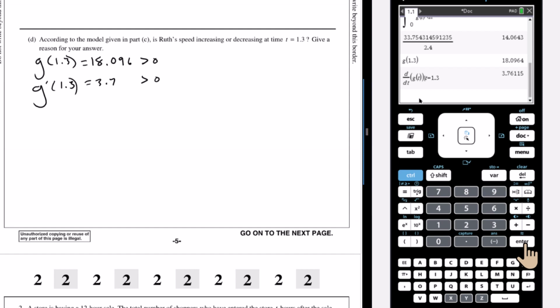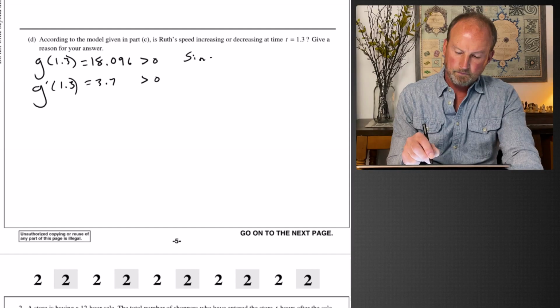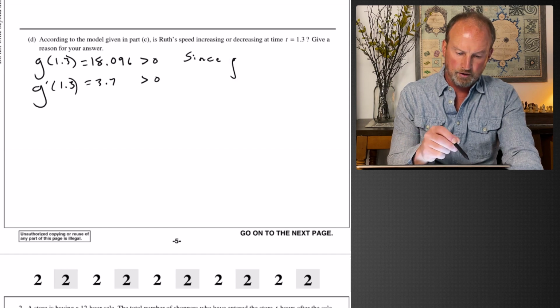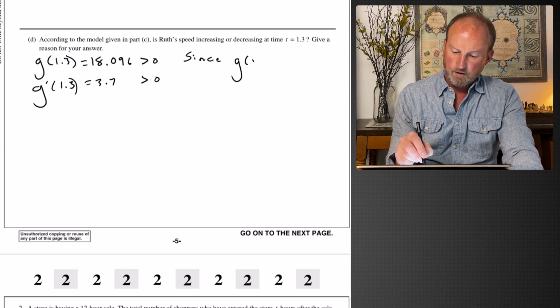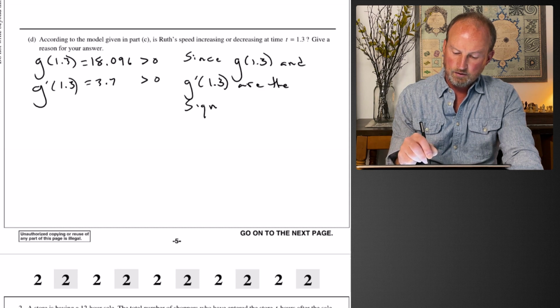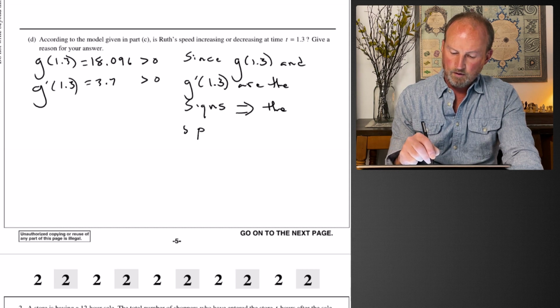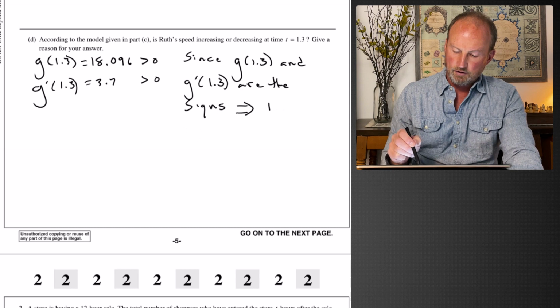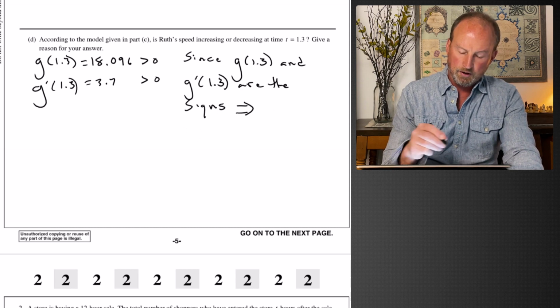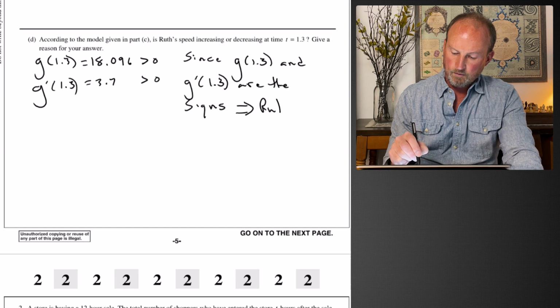So giving a reason for my answer, since g of 1.3 and g prime of 1.3 are the same signs, that implies Ruth's speed is increasing.